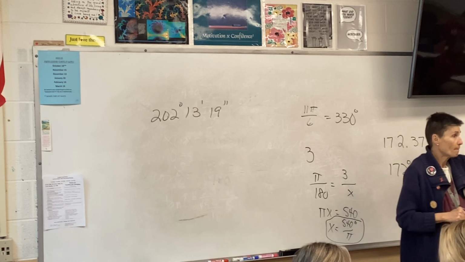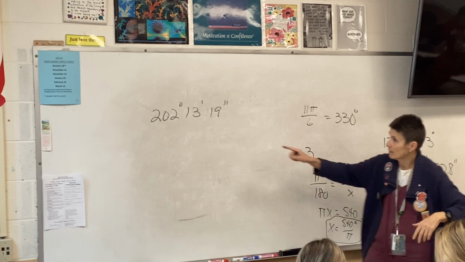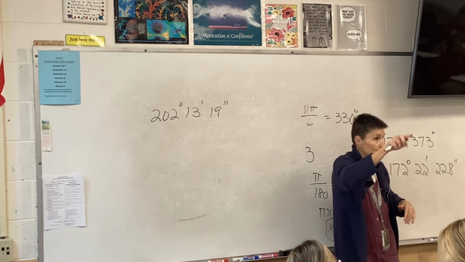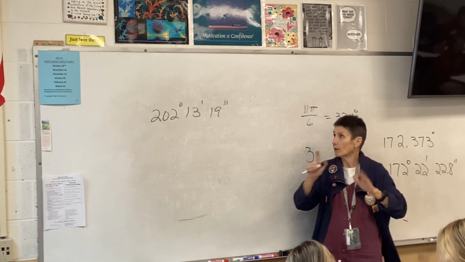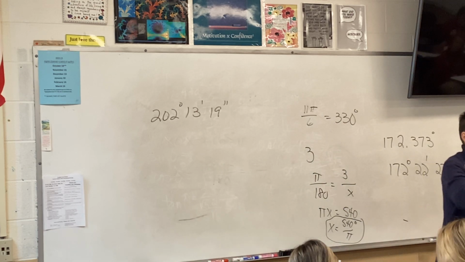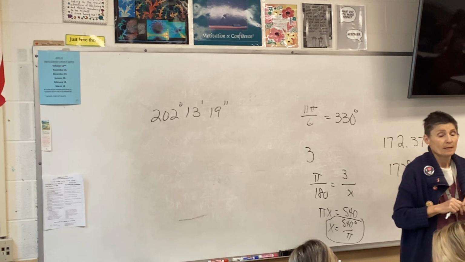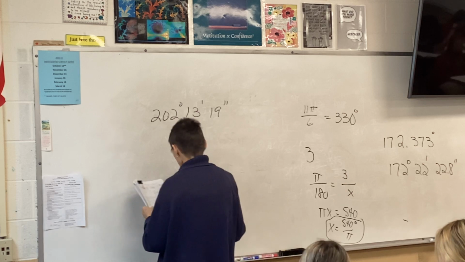Yep. Then return 13, the second number, 13, and then second angle, and then choose minutes. And then here comes the wild part, 19, alpha plus. And when you hit equals, what does it say?